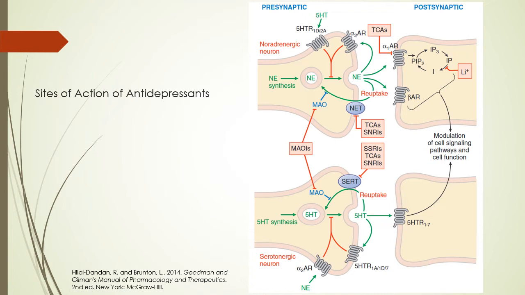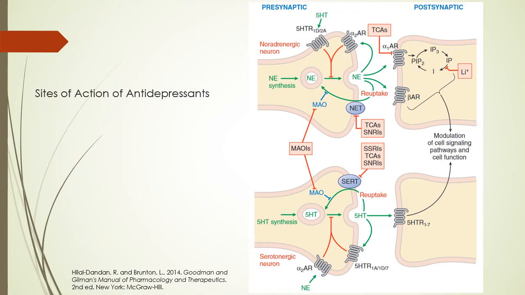So by performing the reuptake process, norepinephrine becomes unavailable in the synapse. We want to block that so that norepinephrine becomes available in the synapse, and thus it can bind to the postsynaptic receptors.